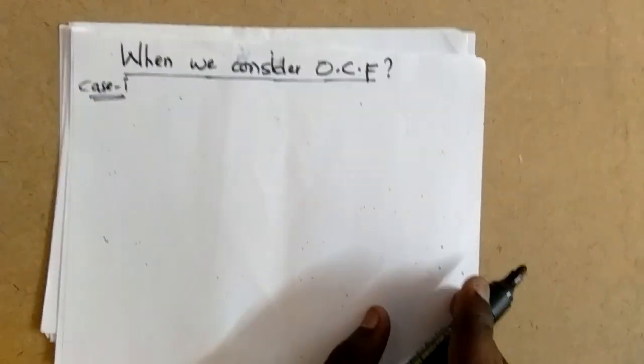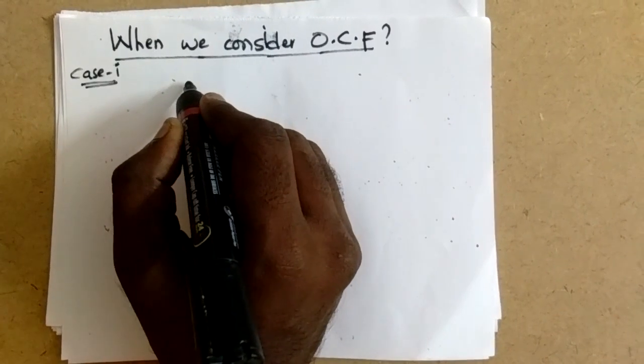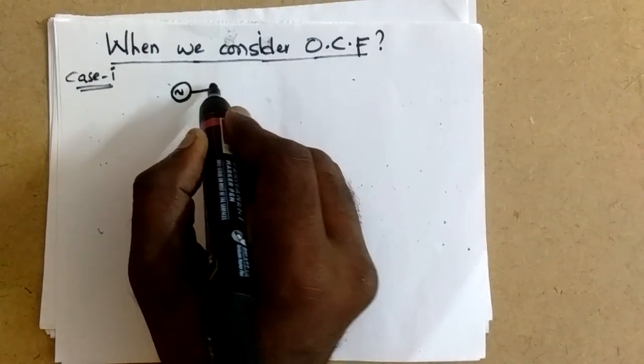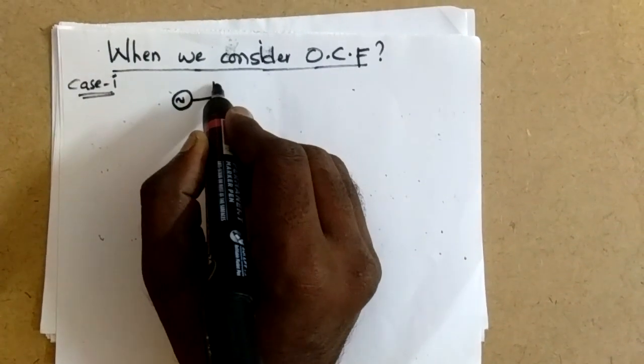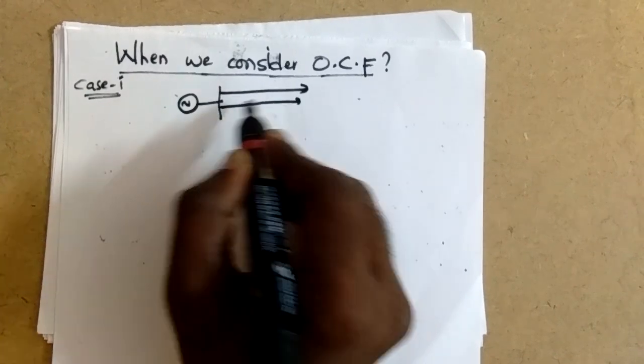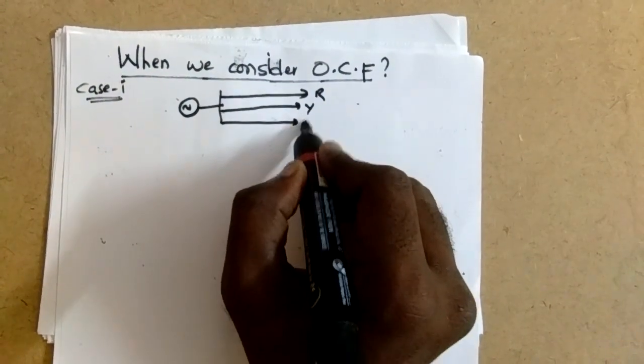A typical circuit line diagram is like this: this is R phase, this is Y phase, this is B phase.